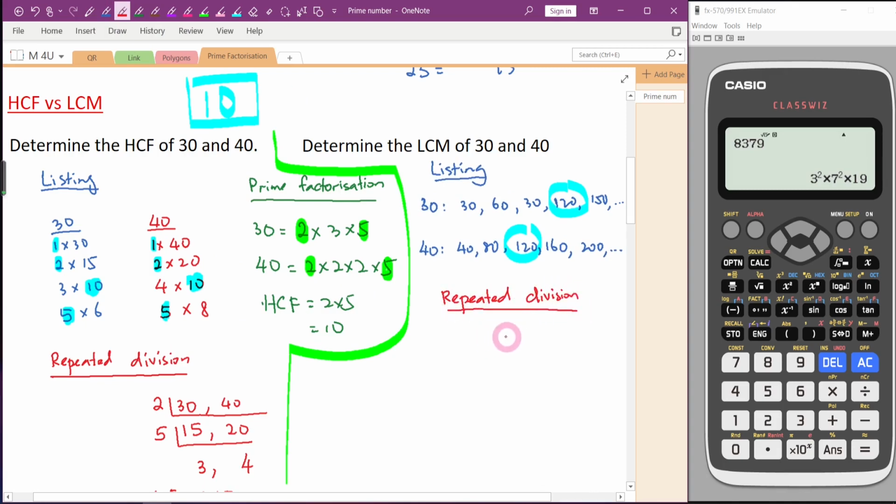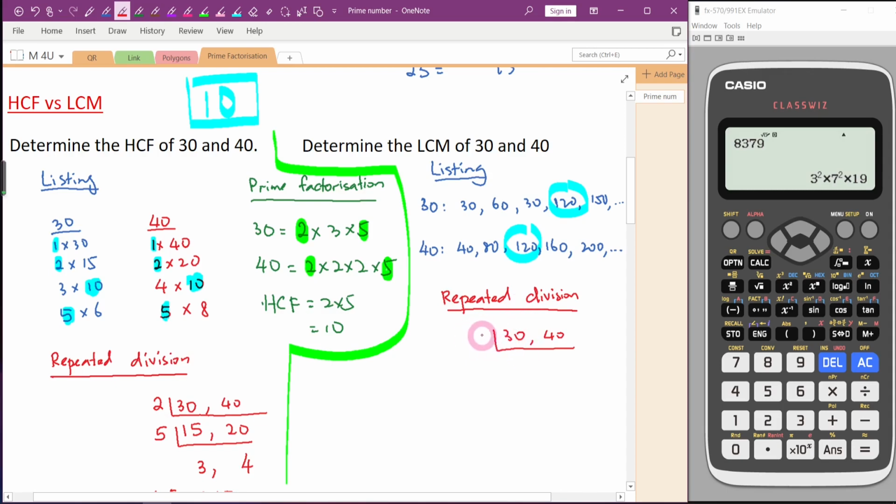Okay, same thing. The beginning step is the same as for the highest common factor, but this time you have to be more careful. Okay, so as I told you just now, if you want to straight away divide by 10, it's okay. But if your teachers don't want you to do that, they want you to start with prime numbers, then you have to follow your teachers.